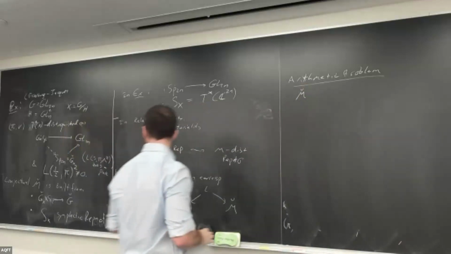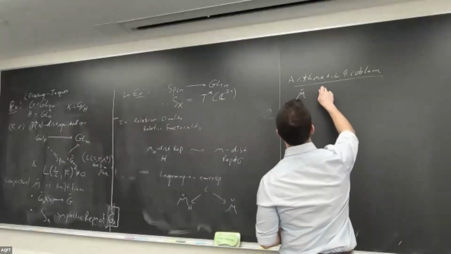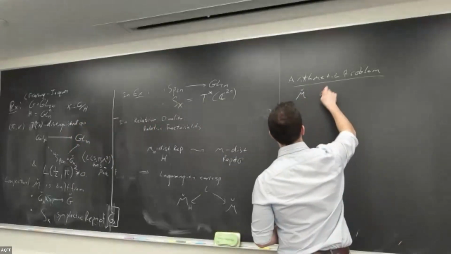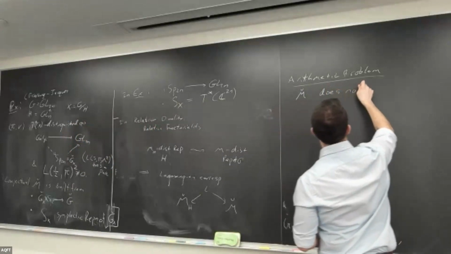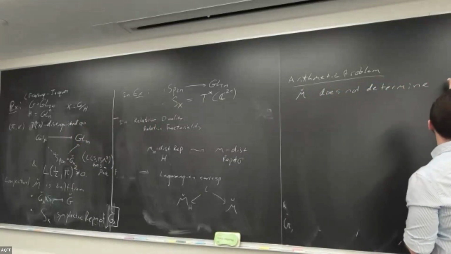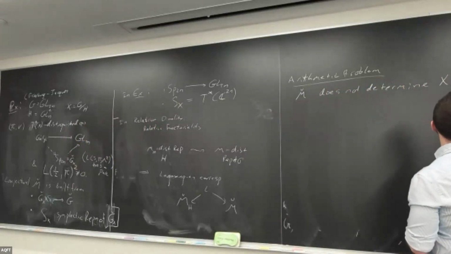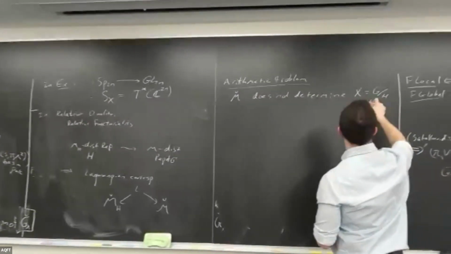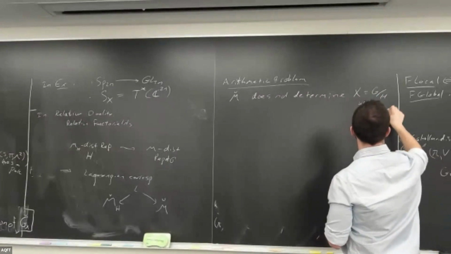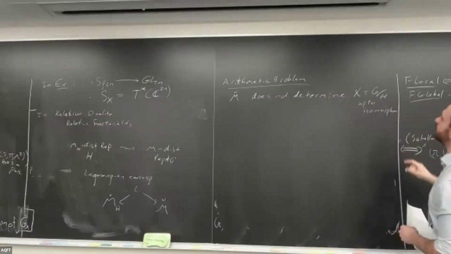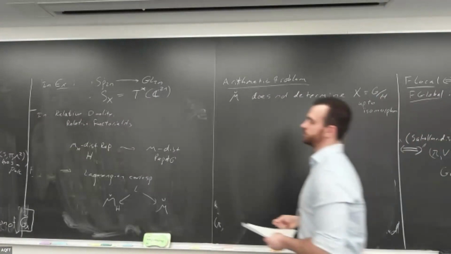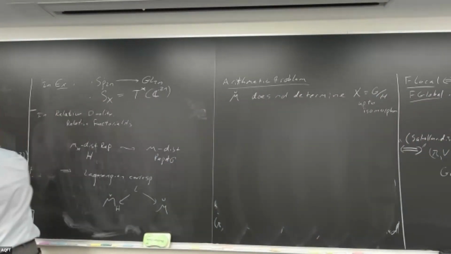This isn't sort of a novel problem or novel observation, but M check does not determine the variety X = G mod H up to, let's say, isomorphism. Or even, I mean, there's a looser identification in terms of up to pure inner twist. It's not determined by somehow this data.